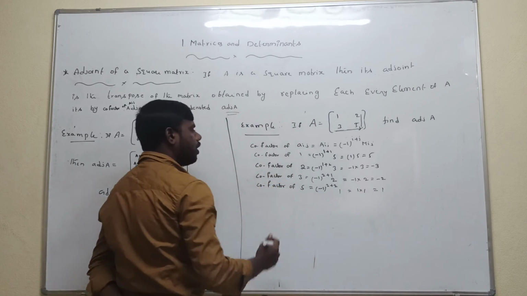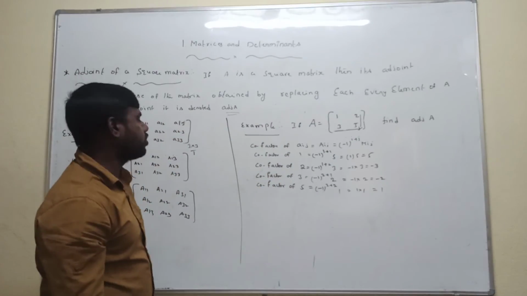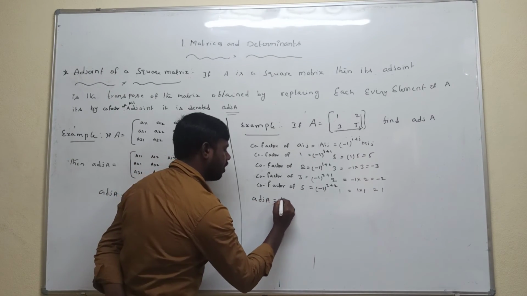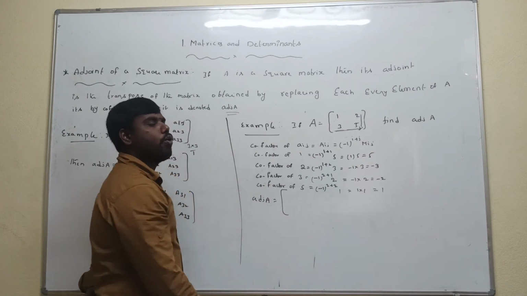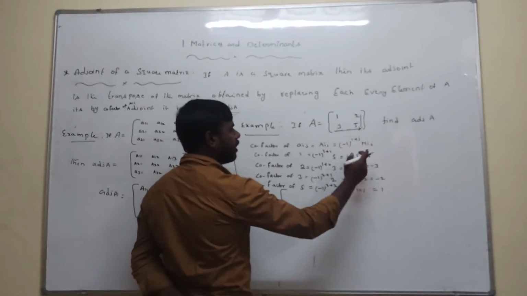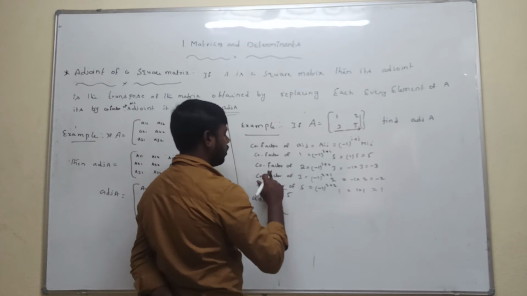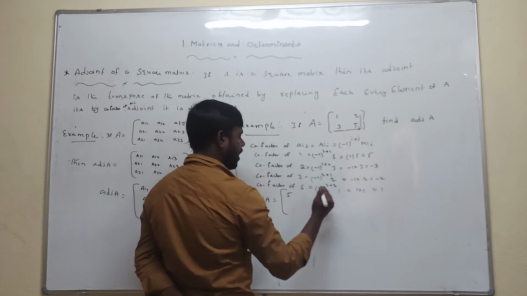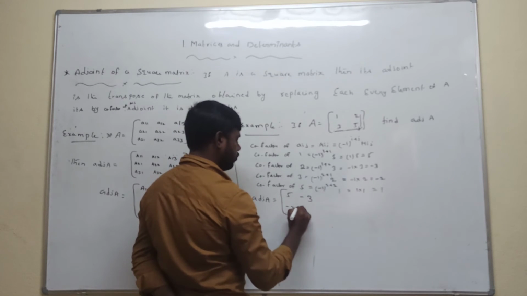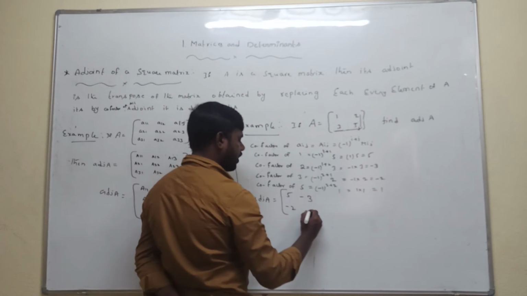So we got the cofactor of every element. Now substitute into the formula. The adjoint of A is written using the cofactors. The cofactor of 1 is 5, the cofactor of 2 is -3, the cofactor of 3 is -2, and the cofactor of 5 is 1.